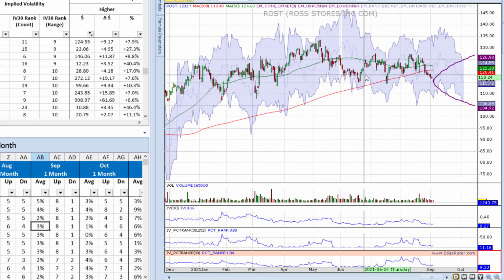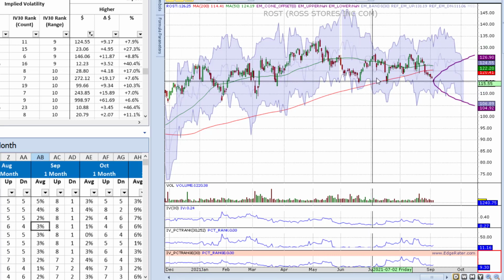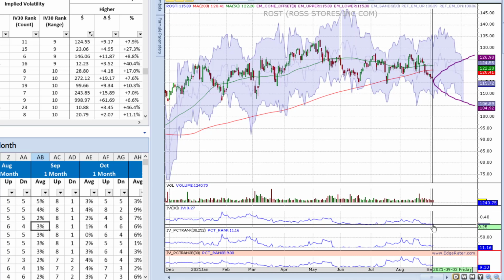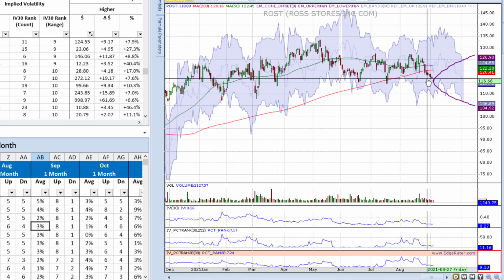Okay, Ross Stores, the rank is 11 and 9, so IV is 27% with a rank of 11 and 9. So again, fairly low implied volatility. You can tell that by looking at the IV30 line in the indicator in the area below. And you can also see that Ross Stores is trading at recent lows. So again, this could make a good call buying opportunity.